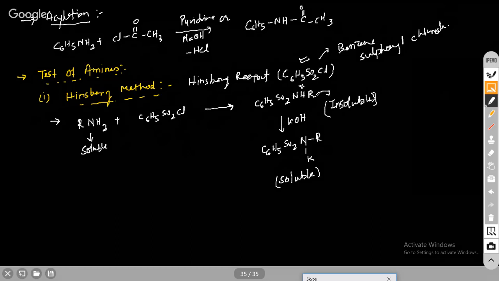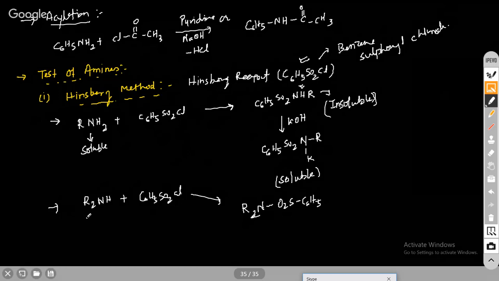So when you take secondary amines here, then what happens? Test of secondary amines is what? You take secondary amine, that is R2NH, reacts with C6H5SO2Cl. So what does it form? It forms R2NO2SC6H5, N,N-dialkyl benzene sulfonamide, correct?